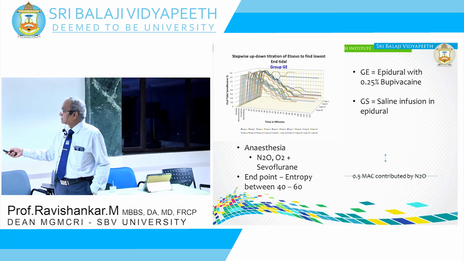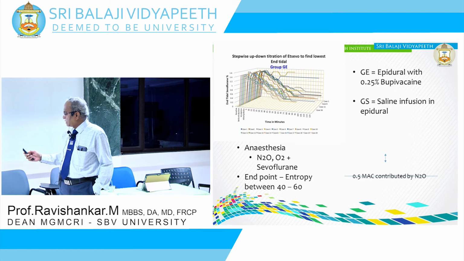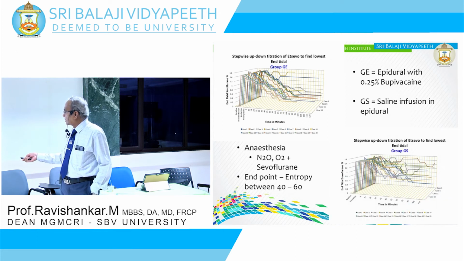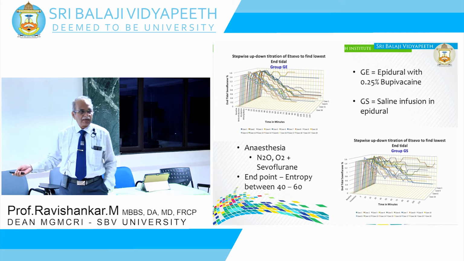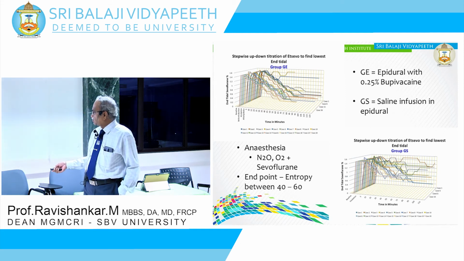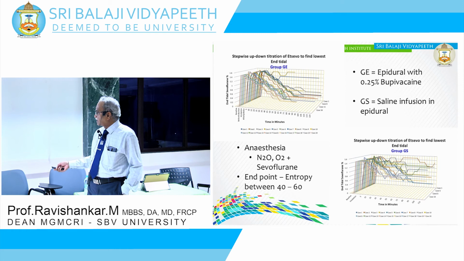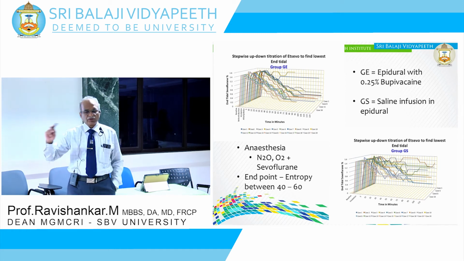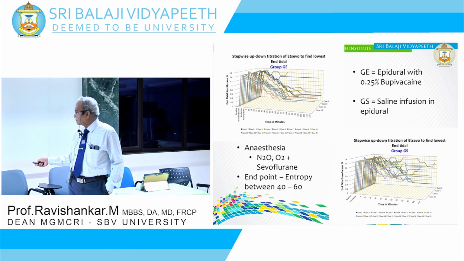And this is the group with the epidural, and the requirements came down, except in 2 patients where it remained at that level. And here, when saline was infused, this is the response. The up and down is quite dramatic, and the level also remained at a much higher level.